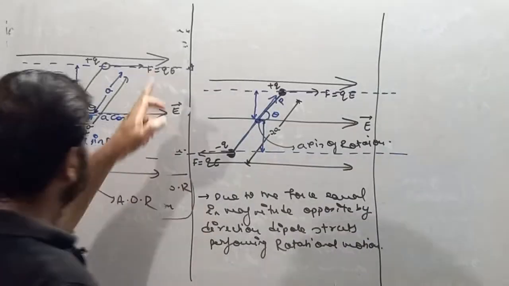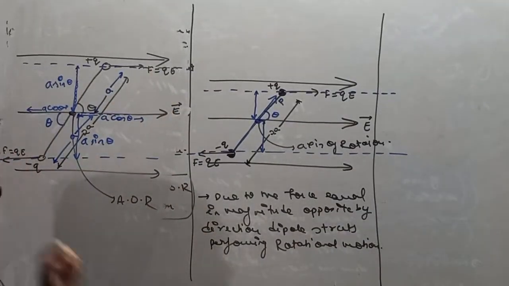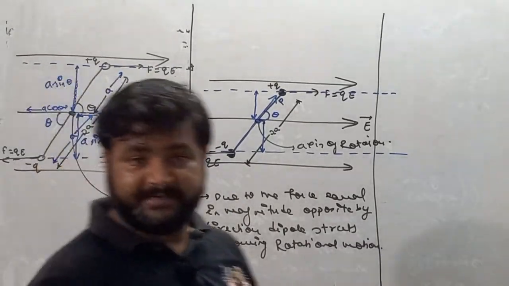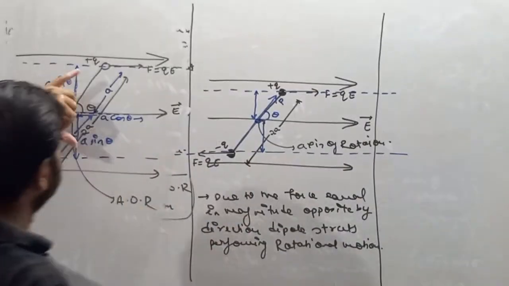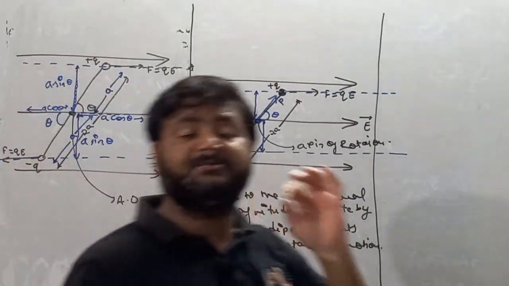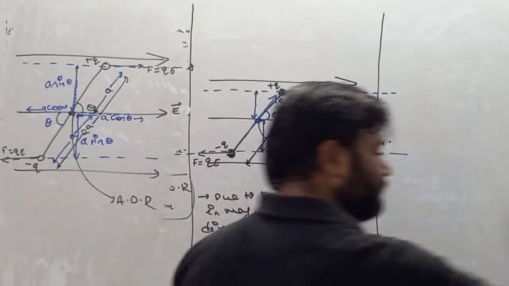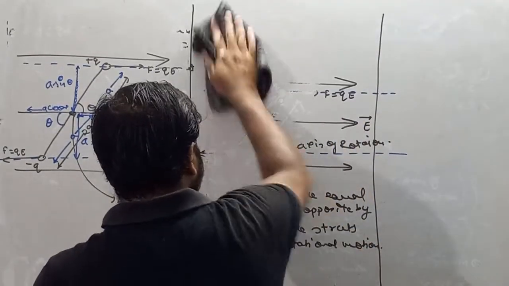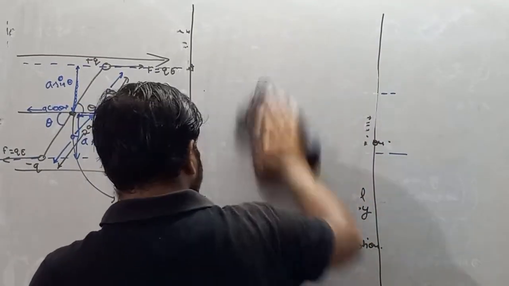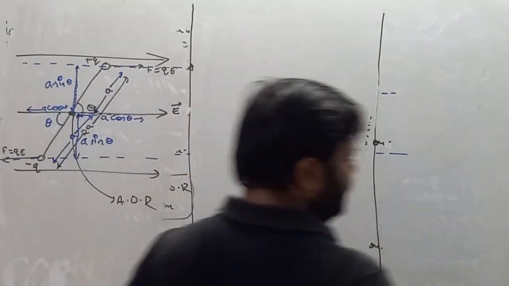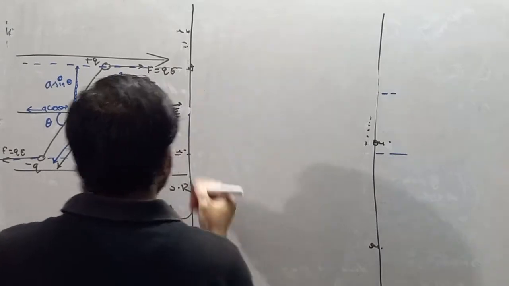So I'll find the torque for this force, and similarly the torque for this force, because both forces are capable of rotating the body. Due to these two forces the body is rotating, or we can say the dipole system is rotating. So moving forward, I will find torque. We know that torque is basically force into perpendicular distance.